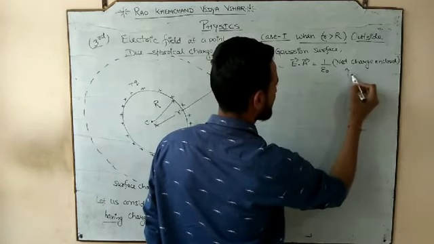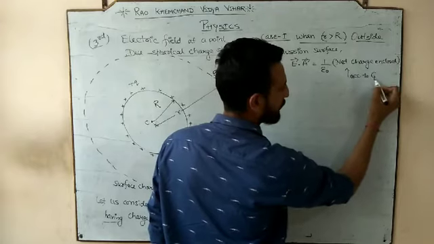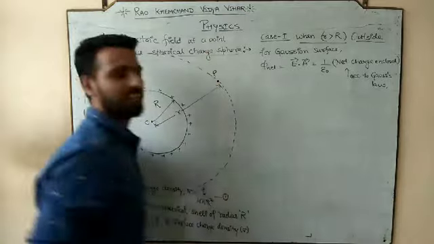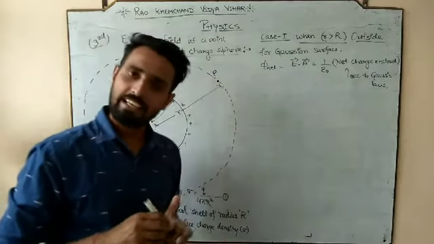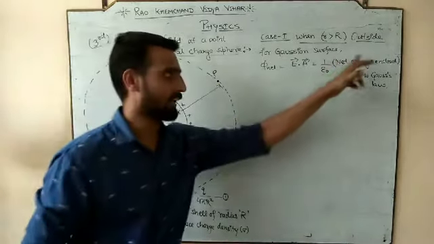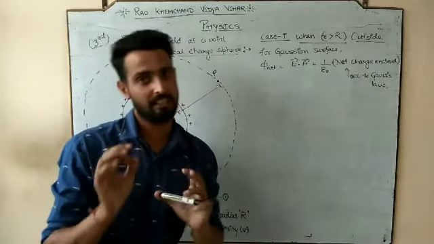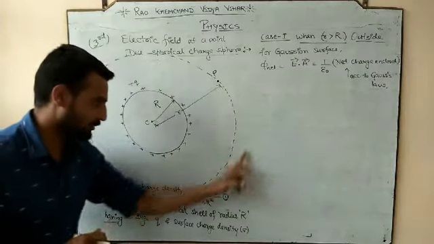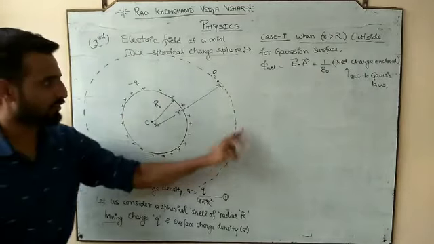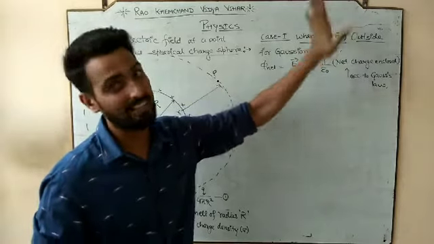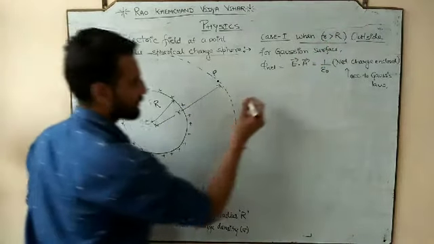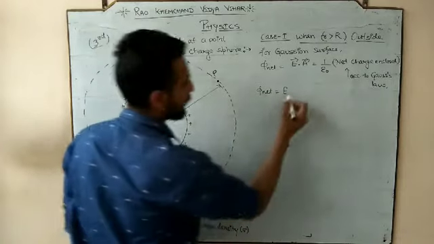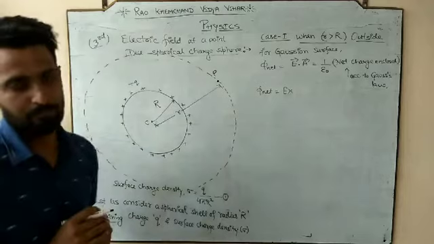This is according to Gauss's law. Since the P point is outside of the spherical body, the net flux is E vector dot area vector.